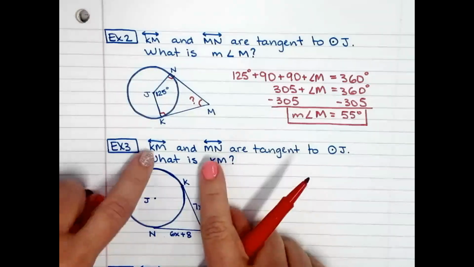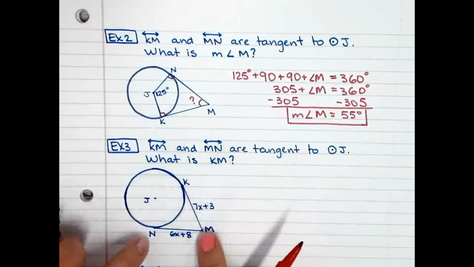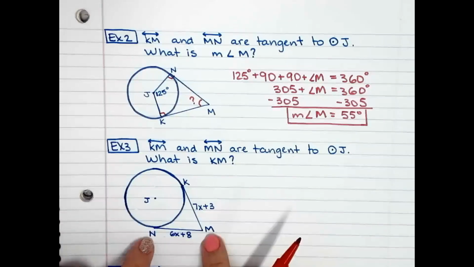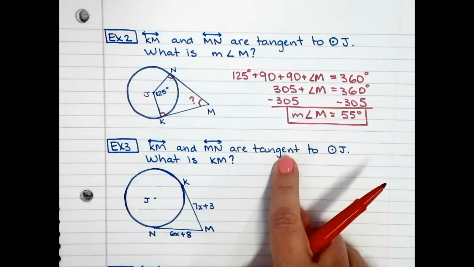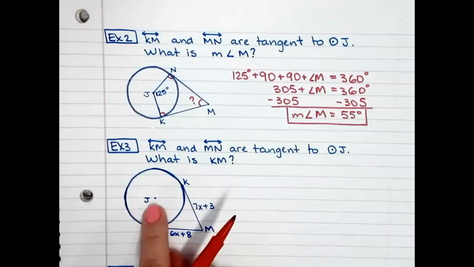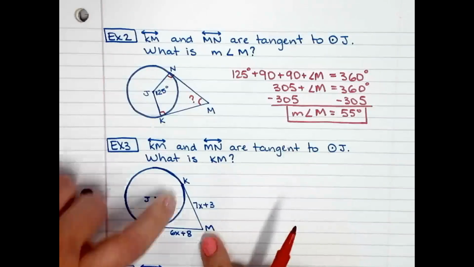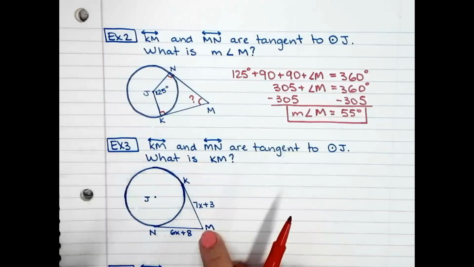Number 3, I have two lines, line KM and line MN. They're both tangent to circle J. That's circle J. What is the length of line segment KM right there?